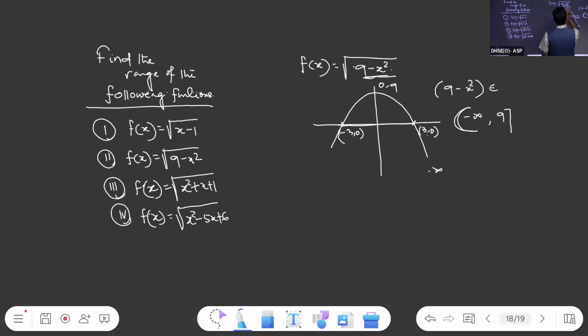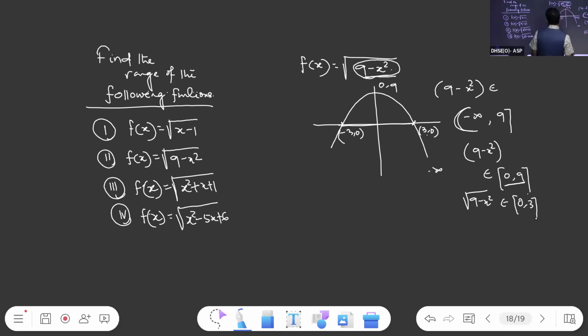So the values for which 9 minus x square is positive or 0 should be taken. When 9 minus x square belongs to 0 to 9, the function is defined. So root of 9 minus x square belongs to 0 to 3. The range of the function is 0 to 3.